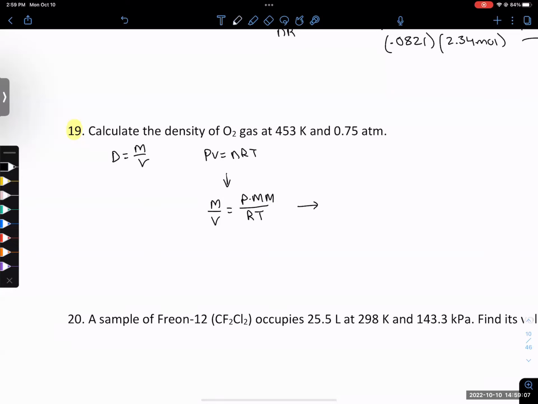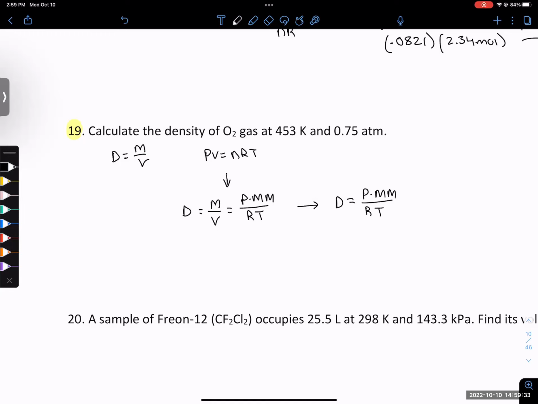So from here, if it's asking us to calculate density, density is mass over volume, right? So D is equal to M over V, which is equal to P times the molar mass over RT. So we can just say D is equal to pressure times molar mass over the constant times temperature.